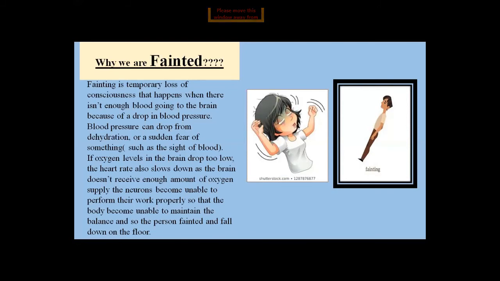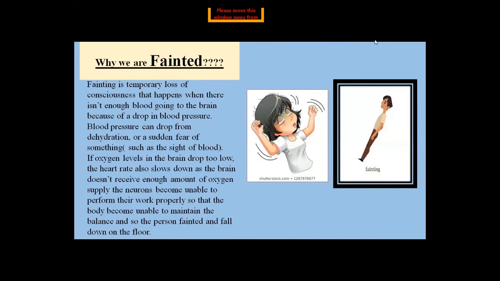But what is the definition of fainting and what are the causes of fainting? The definition of fainting is the temporary loss of consciousness that happens when not enough blood is going to the brain.